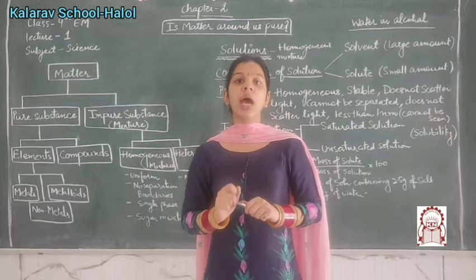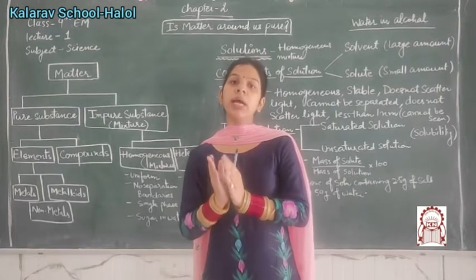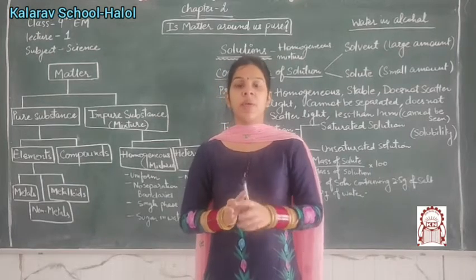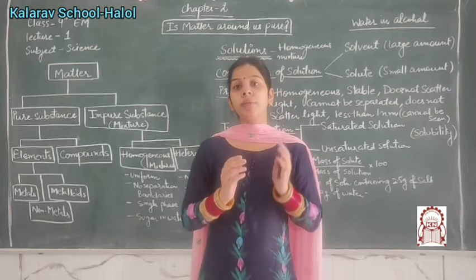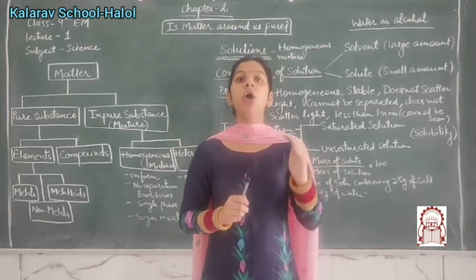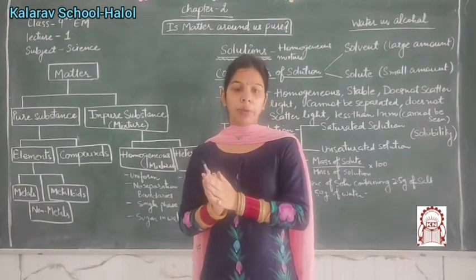Compounds are the substances in which two or more elements are combined in a definite ratio by mass. A compound always has a different identity or characteristics from the elements from which it is formed.